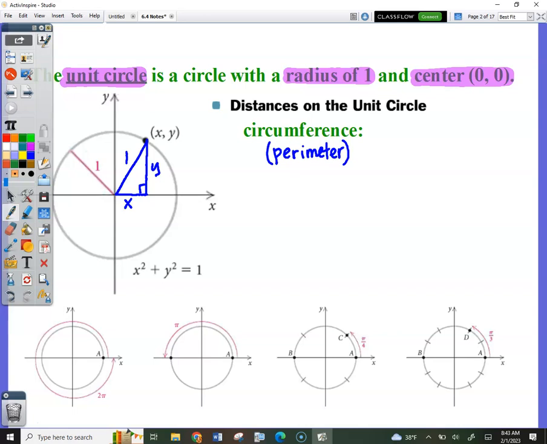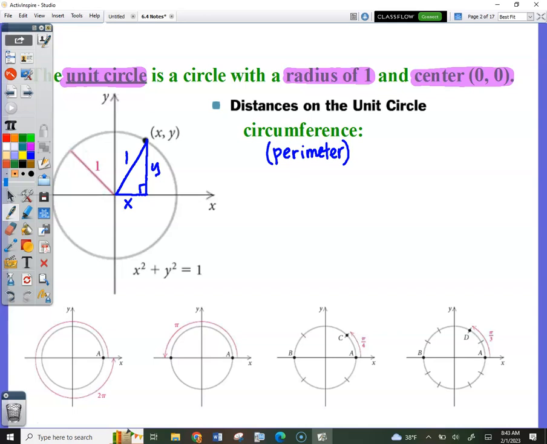Like a circular pyramid is actually a cone. A circular prism is actually a cylinder, right? So you see what I mean? And then the perimeter of a circle, they're like, oh, that's too boring. Let's call it something different. They call it circumference. Do you remember the formula for the circumference of a circle by chance?